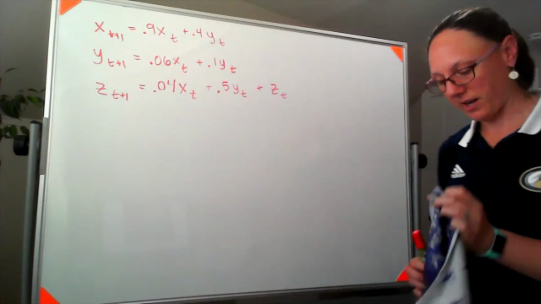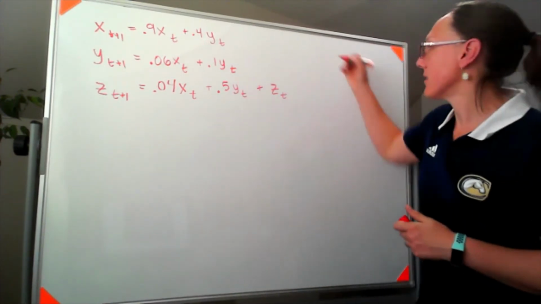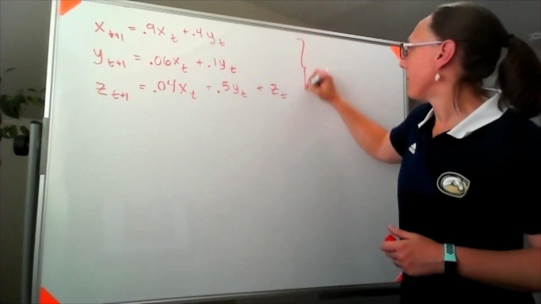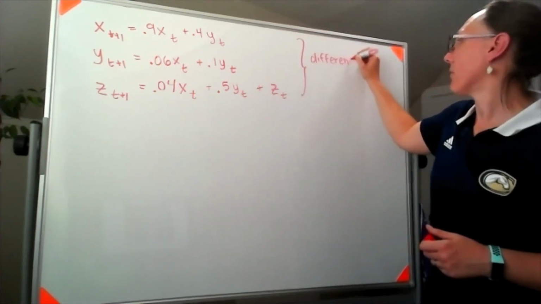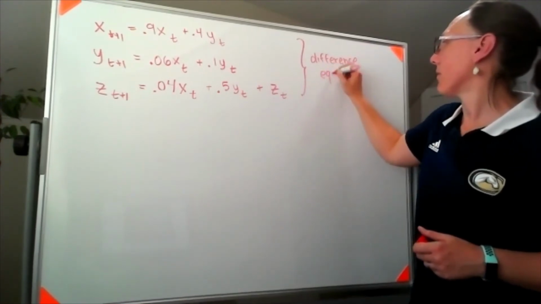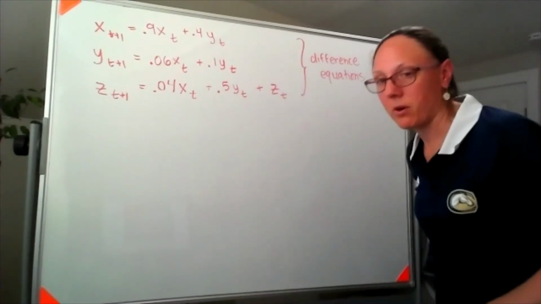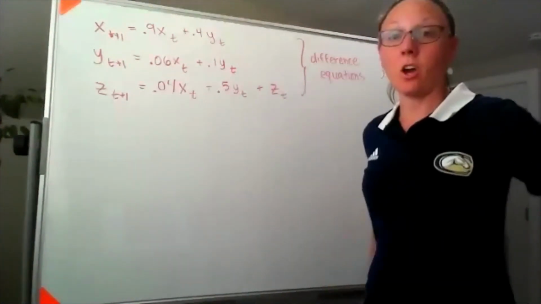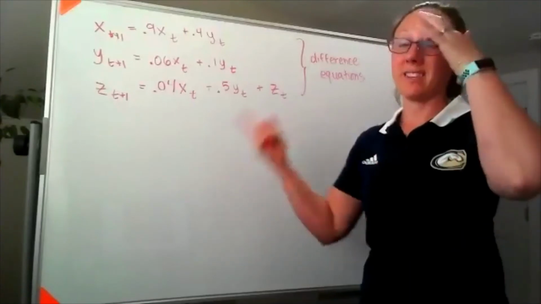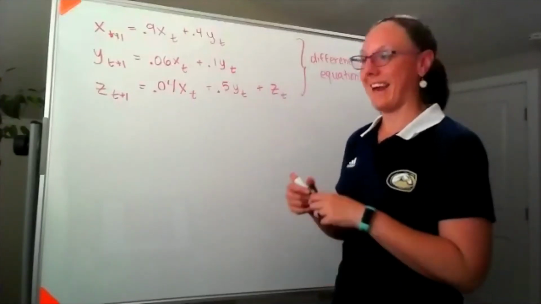So there is my system of difference equations. And I picked up the red marker that's dead, so let me get rid of that one. So one of the things we might need to do with this system of difference equations is to draw this out as a diagram.